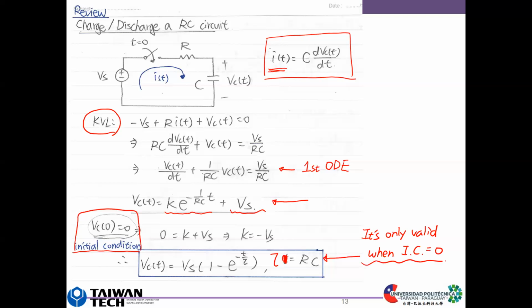If you are given a problem and the initial condition is not 0, then you need to lay out the KVL equation, find a general solution of V_C(t), and then find out the value of K. We will talk about an example later. So please memorize this equation, and also you have to know how to derive this general solution.